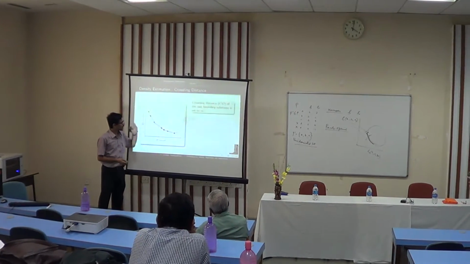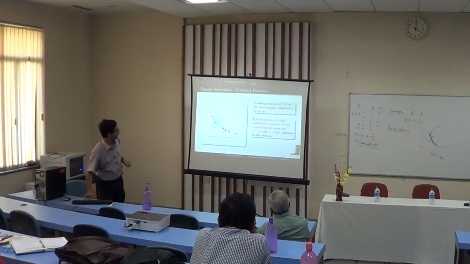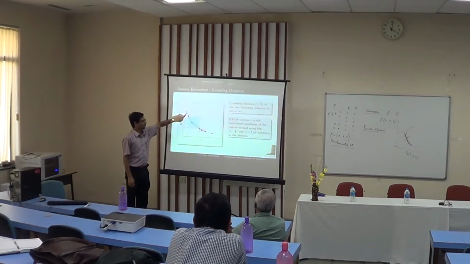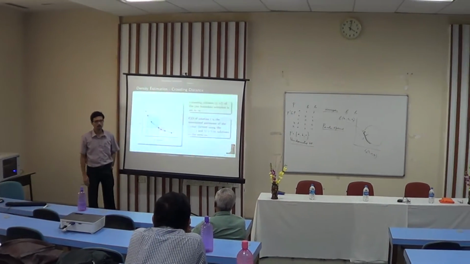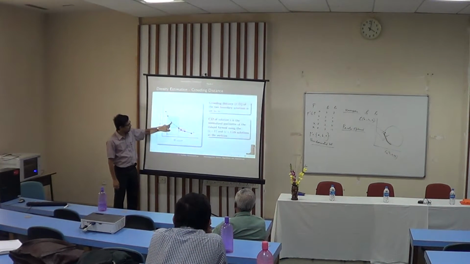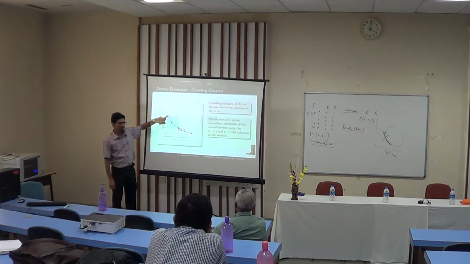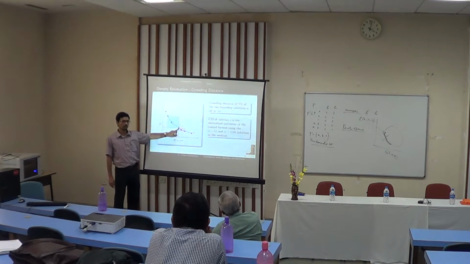Now, suppose we want to find the crowding distance of solution I. It is defined like this. We consider the solution I minus 1, that is the solution just before I with respect to one objective function, and the solution just after I, I plus 1.